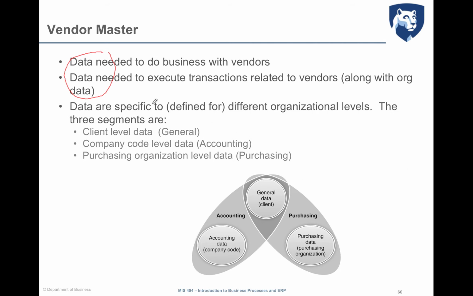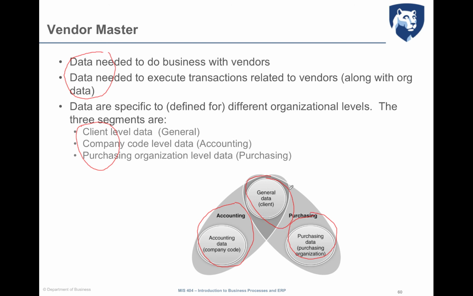In particular, as you can see here, the data present in the vendor master are of three types. You have general data, company level data, the accounting data that we saw before, and the purchasing data, related to the purchasing organization.